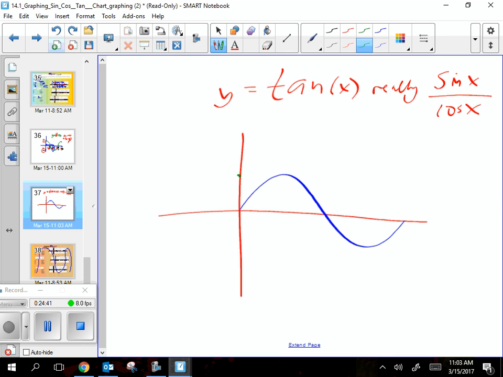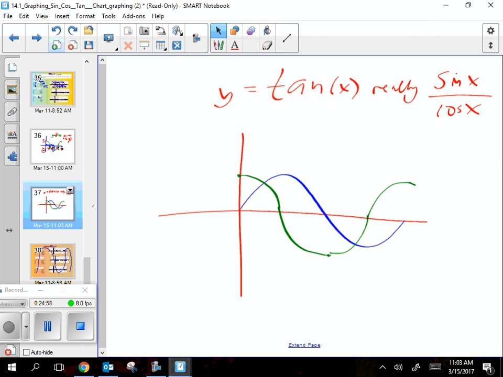Ooh, this is hard to do on the same graph. Then tangent is always, any point you pick, like let's say I pick this spot right there.